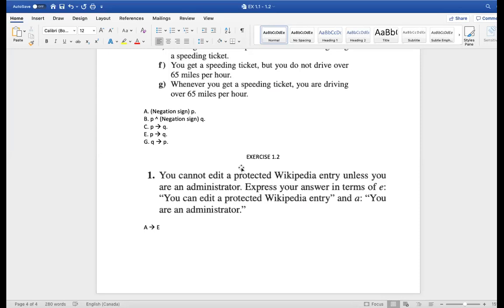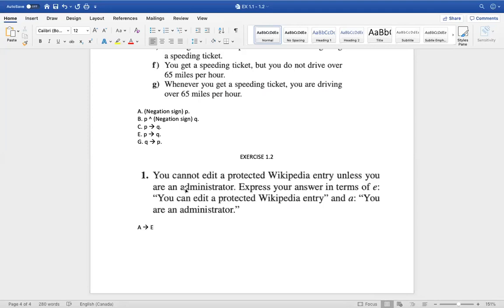Okay. Another example. But the E, isn't it supposed to be negation? Because you cannot edit a protected Wikipedia entry. Yes, you're right. Actually, it should be the negation. If you are an administrator, so it should be negation of it here.